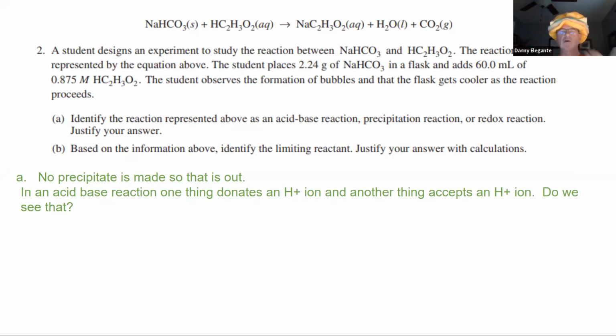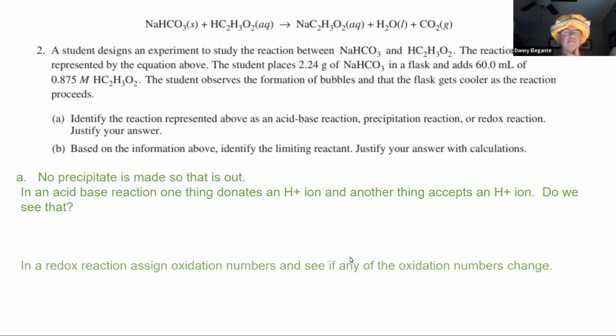So it looks like double replacement to me. But let's see. I think the HC2H3O2 is donating the H, and the HCO3, the bicarbonate ion, is accepting the H. So I think this may be an acid-base reaction.